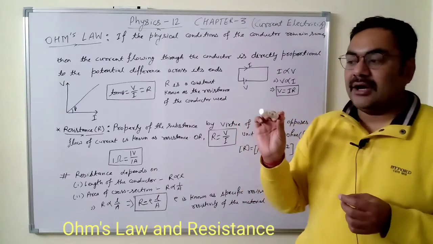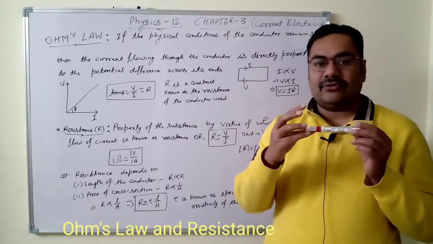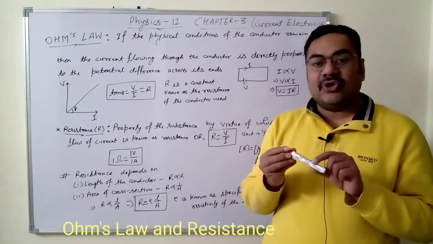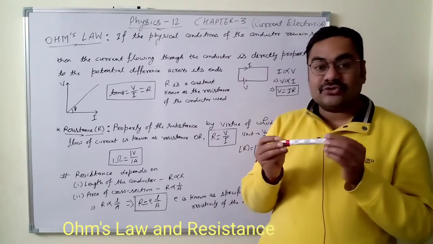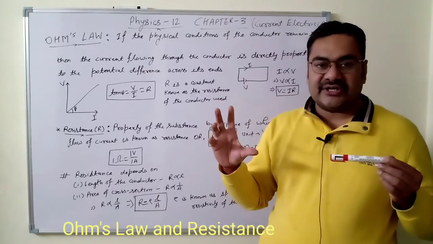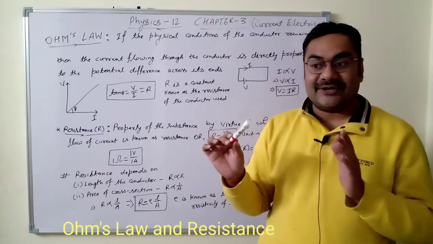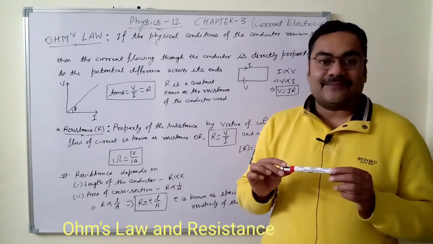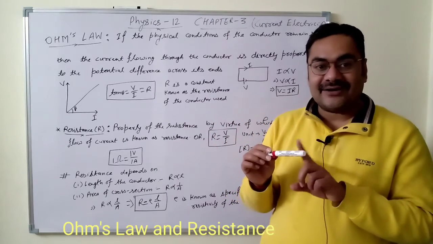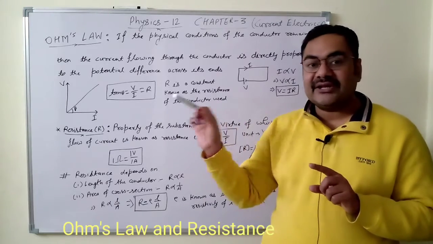If I am taking a conductor of 1 meter length and 1 meter square cross section, then the resistance of that conductor, with 1 meter length and 1 meter square cross-sectional area, is equal to the resistivity of the given material.